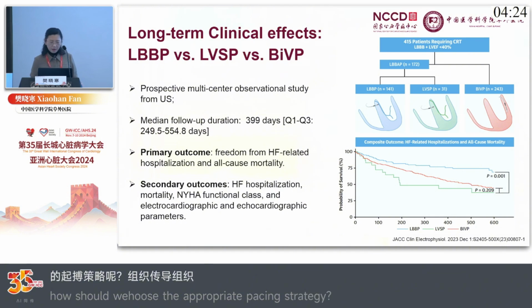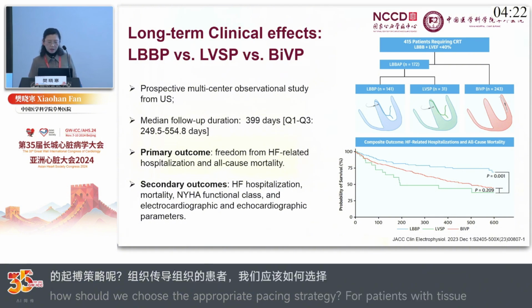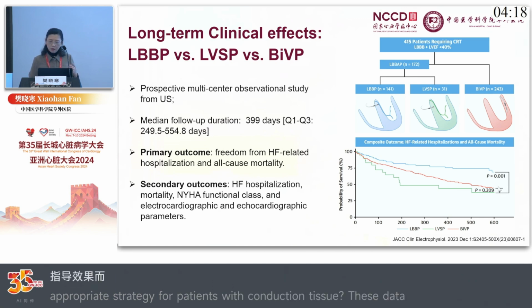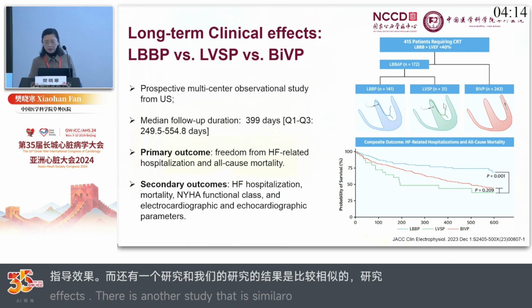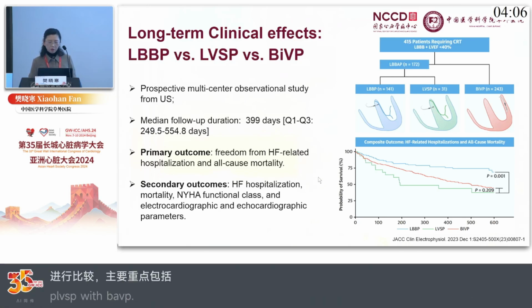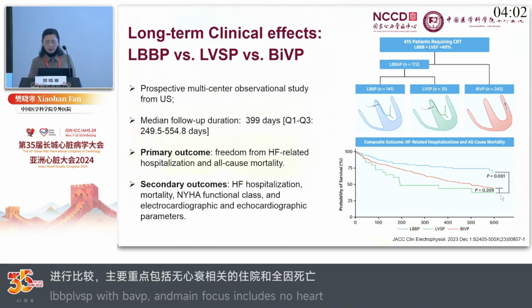Another study also showed the similar results as our study. They also compared the patients with LBBP, LBSP, and BIVP. And the primary outcome include heart failure, hospitalization, and all-cause mortality. The result is also similar.